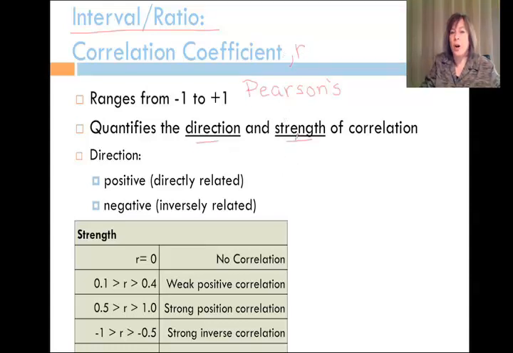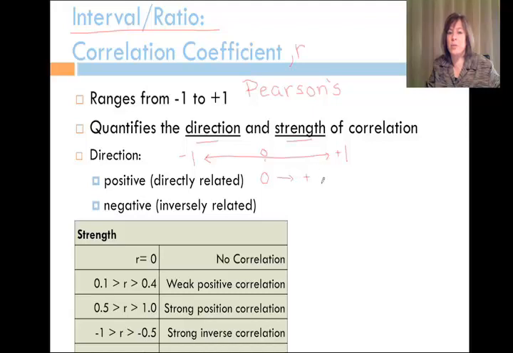The Pearson's R ranges from -1 to 1. So if you were to draw that on a number scale, it ranges from -1 to 1, obviously with a 0 right here in the middle. The positive from 0 to +1 means that a relationship would be positively or directly related.